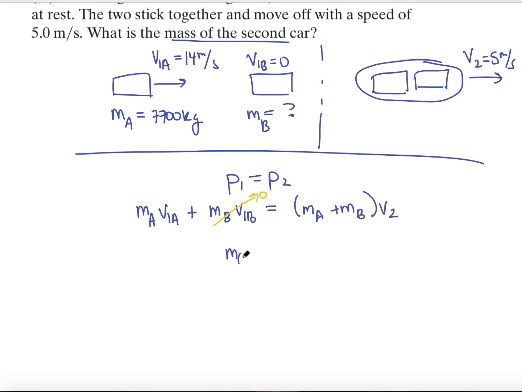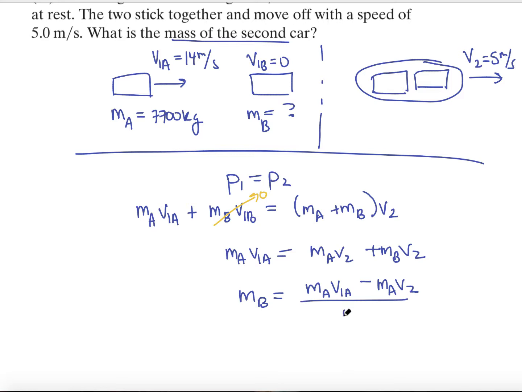Why not? So MA times V1A is equal to, I'm going to distribute, MA times V2 plus MB times V2. Subtract MA V2, and then divide by V2. And I will have that mass B is equal to mass A times V1A minus mass A times V2 all over V2.